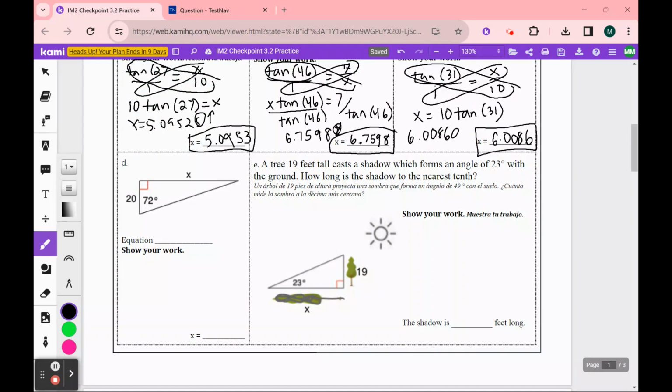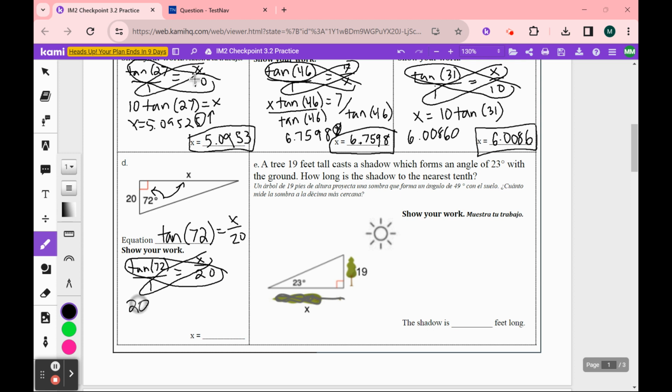Okay. Here we go. I have tan of 72 equals opposite over adjacent, x over 20, and I'm going to set up my proportion, tan of 72 over 1 equals x over 20. I cross multiply.